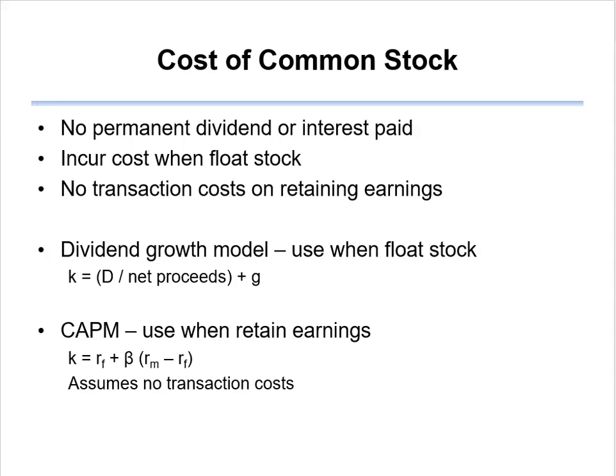That's what the owners are requiring. That's going to be the cost of the common stock. Kind of makes sense, right? If you're an investor, you already have stock, you're going to use the capital asset pricing model to take a look at your expected rate of return, and if that's your expected rate of return, then that's the cost of keeping that money in. That's what investors assume.